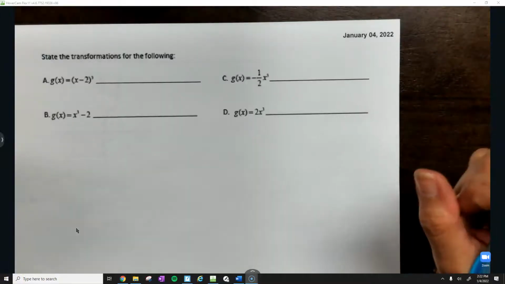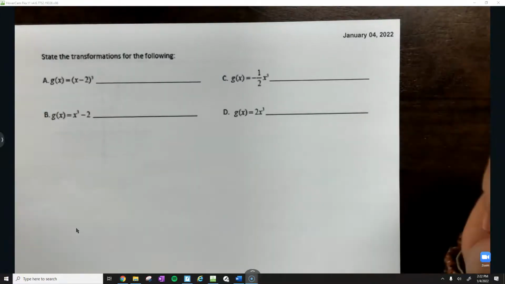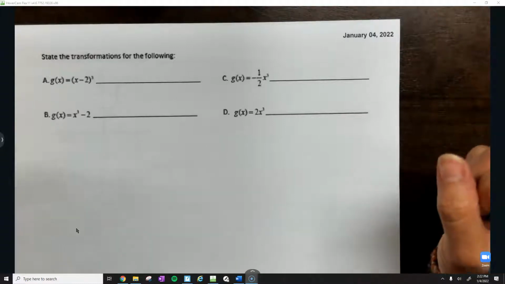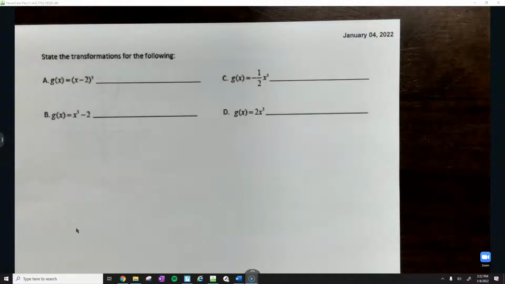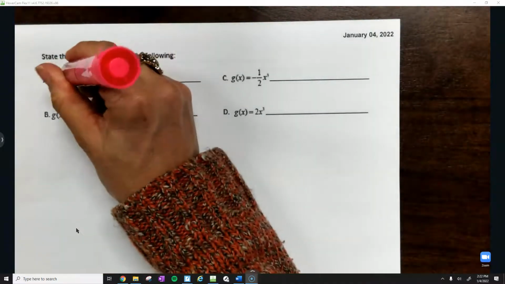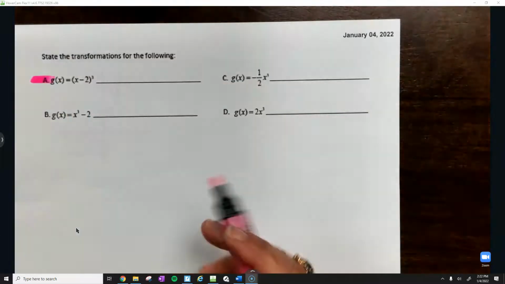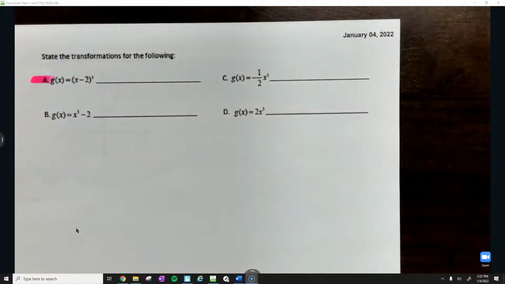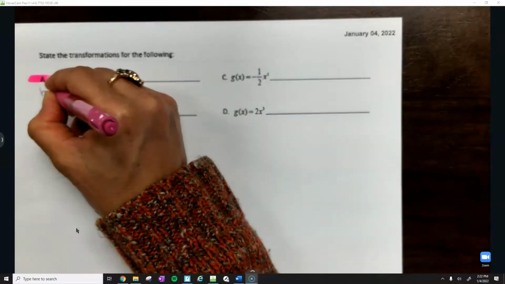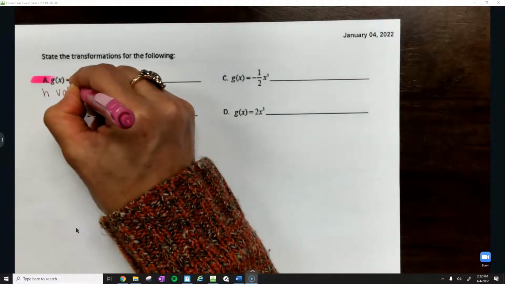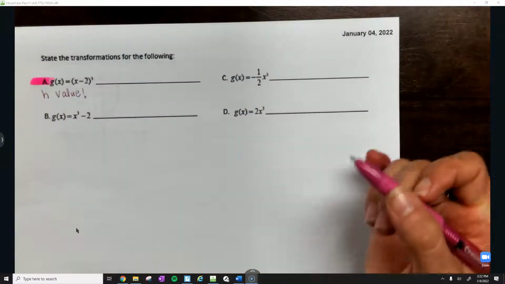All right, so we have 4 examples here, A, B, C, and D. Which letter has the parentheses, A, B, C, or D? Which letter? Letter A. This is the only place where H occurs. This is the only one that has an H value. I know it has an H value because it has parentheses.